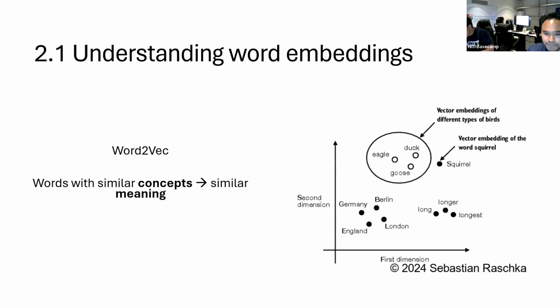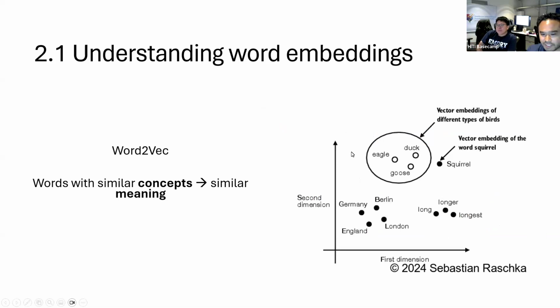By training this neural network, they were able to map together different words that have similar meanings based on the concepts.